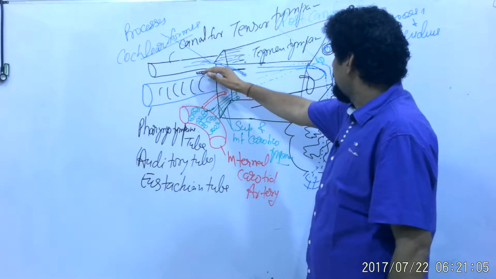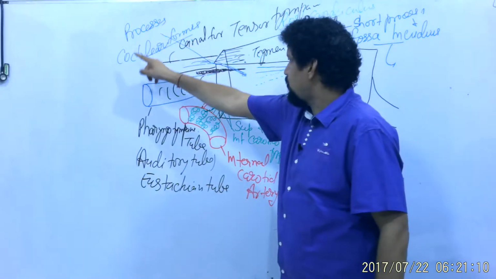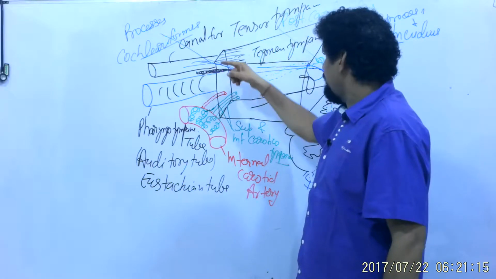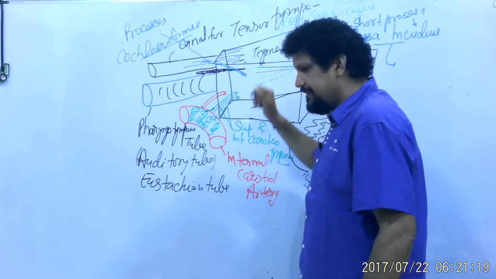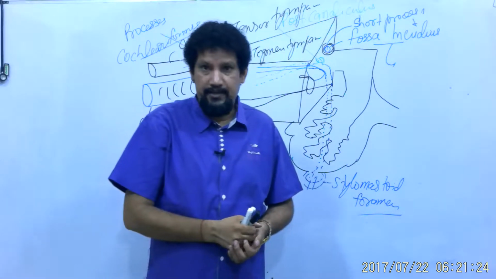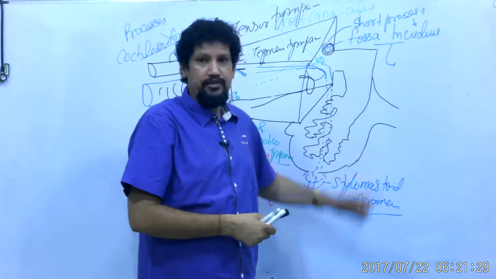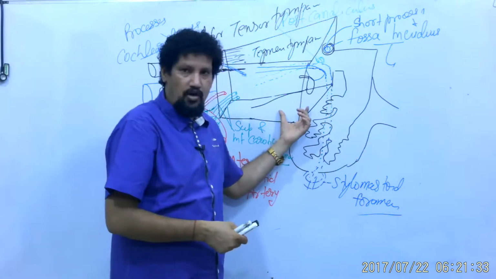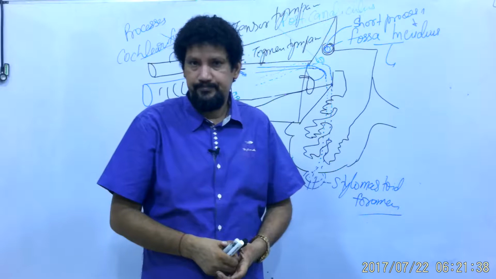There is an elevation or sharp bony projection known as processus cochleariformis, which provides the projection for taking the turn of the tensor tympani, which is ultimately inserted in the handle of the malleus and makes the pull on the tympanic membrane, which forms the compact part or the pars compacta of the tympanic membrane.